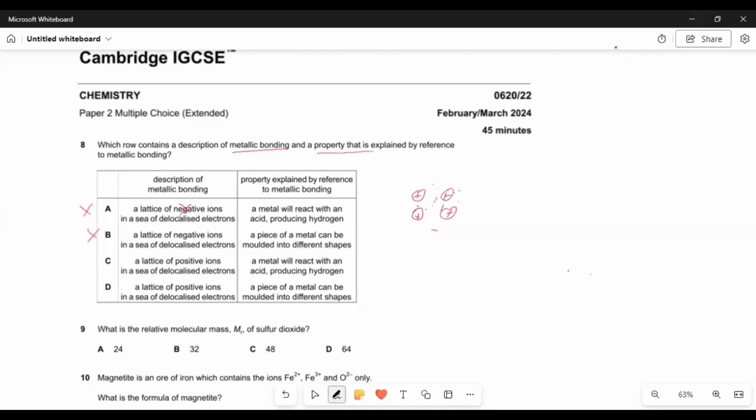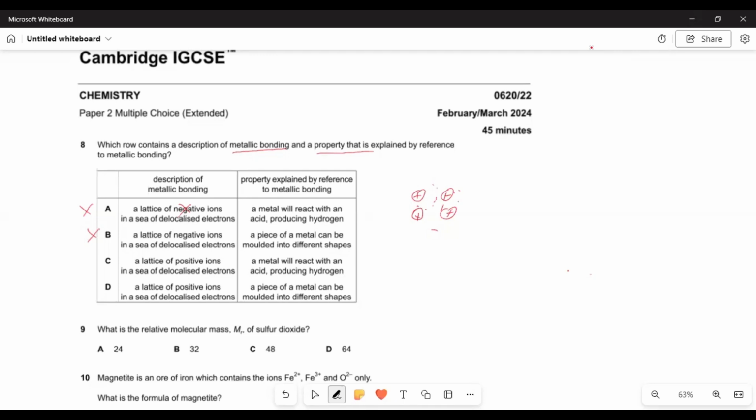A metal will react with an acid producing hydrogen gas. Yes, it is correct. A piece of metal can be molded into different shapes. Yes, correct.